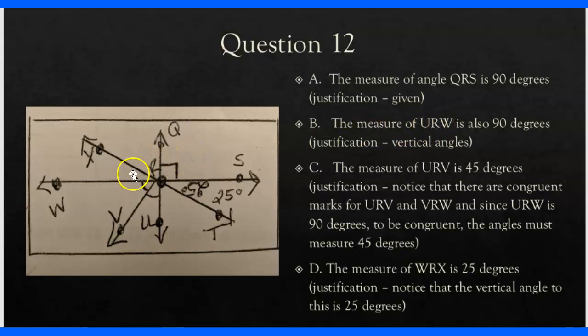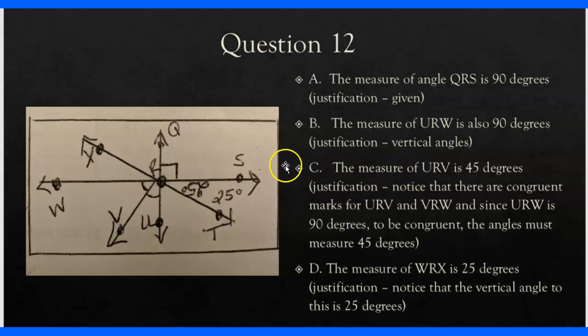So here is, let me find it, URW. This one right here. Now, we can also say that this is 90 degrees because these are vertical angles. QRS and the big angle URW, those are vertical angles. That means they both have to be 90 degrees.